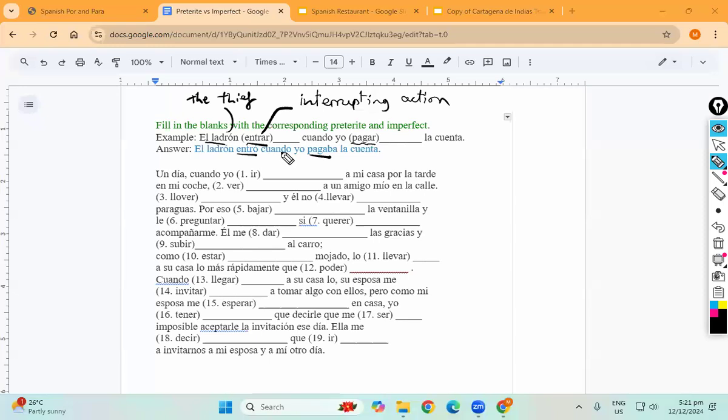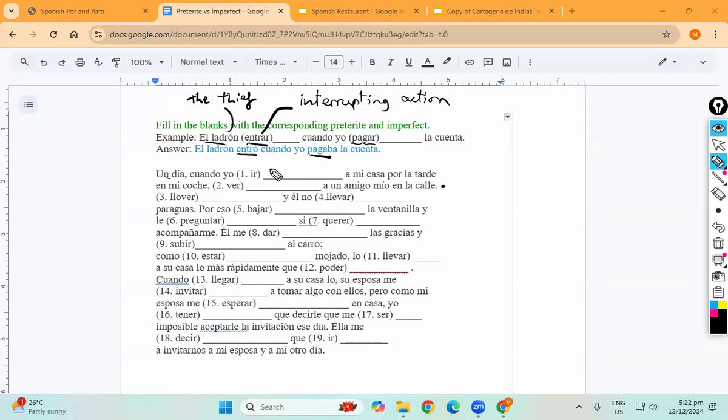All right, let's do the first sentence together. We'll reason it out and write it in. And that's the first two, right? All right. So un día, cuando yo something a mi casa, por la tarde, en mi coche.